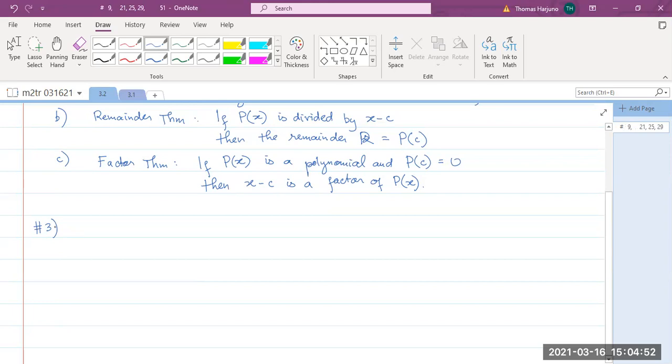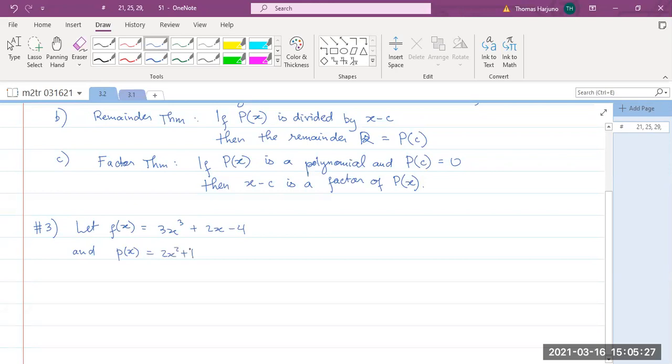Let's start with number 3 in 3.2. The question is: let f(x) equal 3x cubed plus 2x minus 4, and p(x) equal 2x squared plus 1.